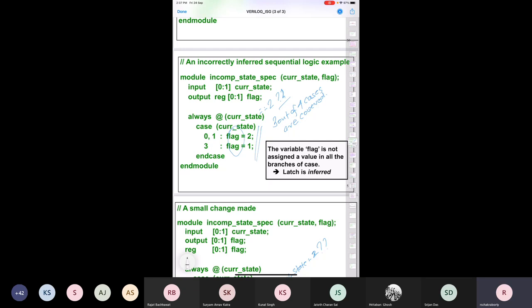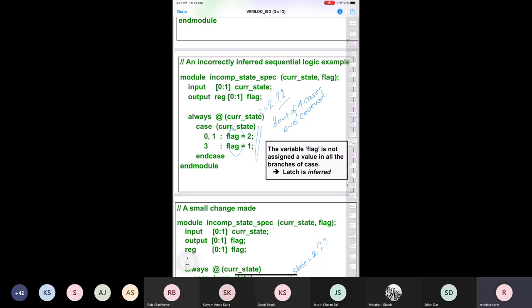It implements this piece of code as a combination of one latch. The latch only operates when the car_state is at value 2, and it works by preserving the old value. Otherwise, when it sees 0 or 1 or 3, it goes to the values that are mentioned.